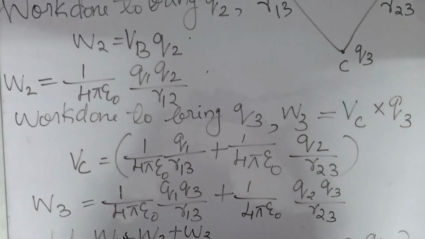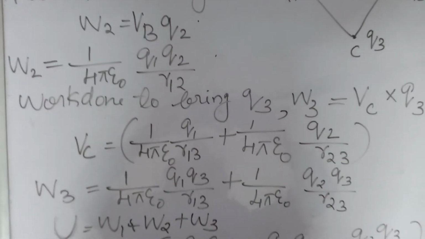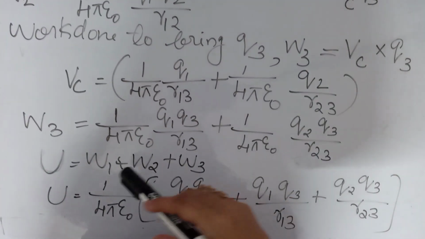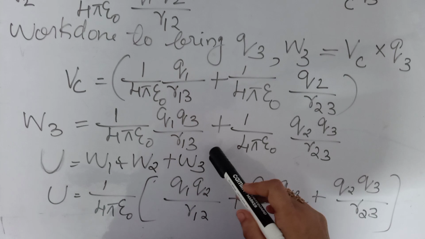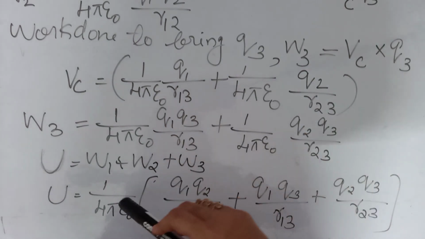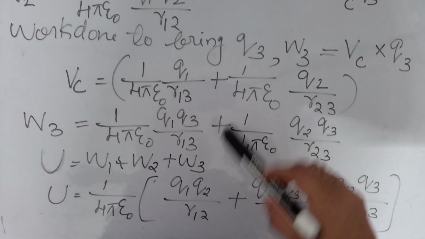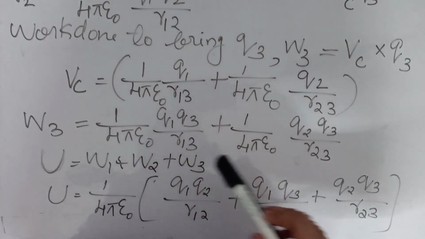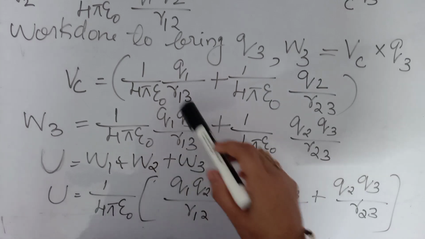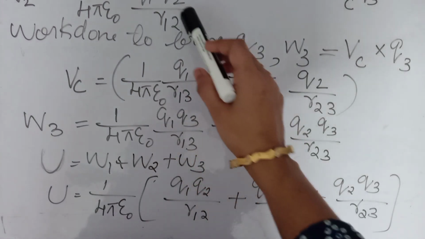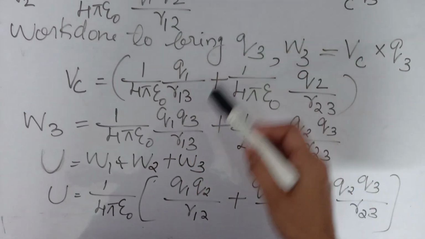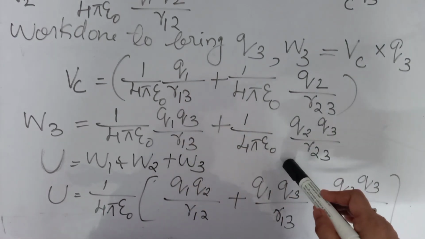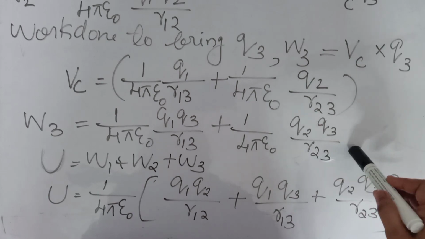Now we have to find the total work done. That total work done will be stored as the potential energy. So how we can find total energy? That means W1 plus W2 plus W3, that is the total work. Then we can just add these three equations. So in the first case it is 0. In second case, what is the equation? 1 by 4 pi epsilon 0 q1 q2 by r12, and then 1 by 4 pi epsilon 0 q1 q3 by r13, 1 by 4 pi epsilon 0 q2 q3 by r23.